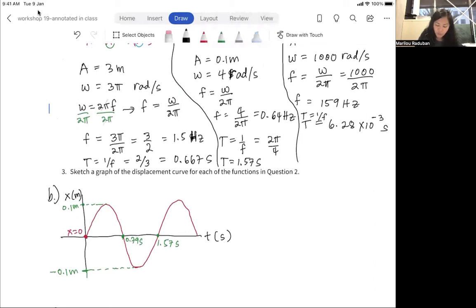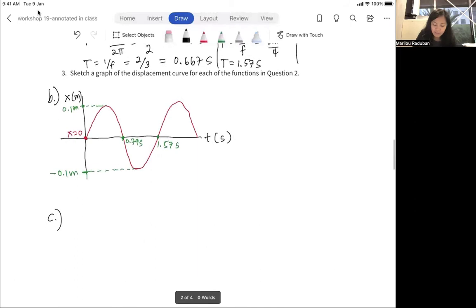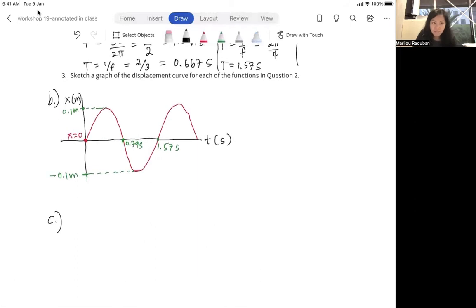So instead of 0.1 meters for the amplitude, you put 3 meters for the graph of question A. And for the period, instead of 1.57 seconds, you put 0.667 seconds. So yeah, the graph will look exactly the same for A and B, just the numbers will be different.